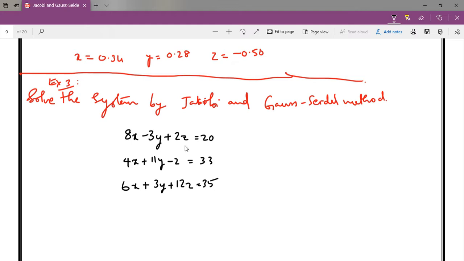Okay, so this system must be solved by the Jacobi as well as the Gauss-Seidel method.